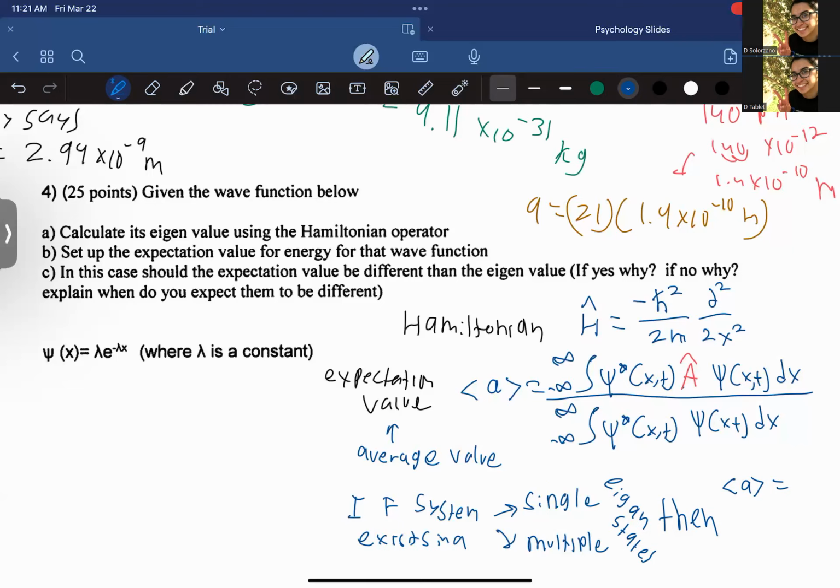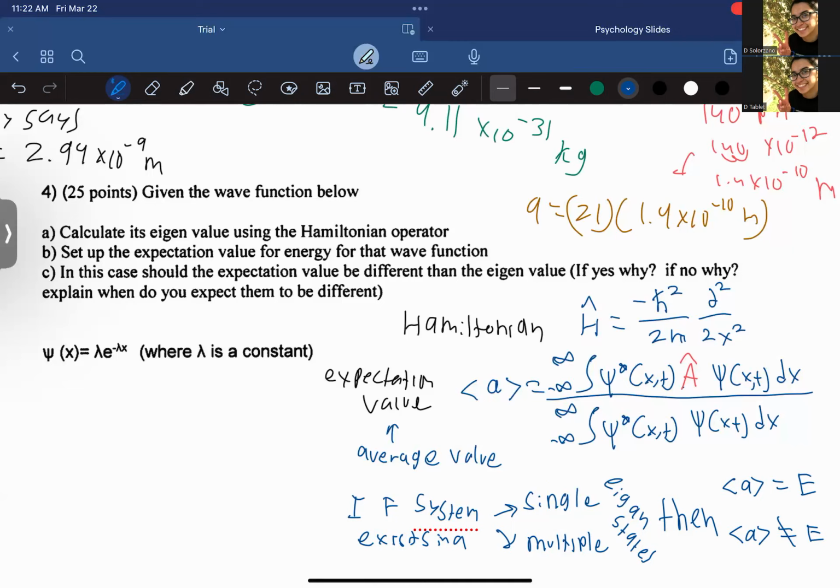I'm blanking on what eigenvalue is supposed to be written like. I think it's just an E. And that's because if it has a single eigenstate, then it only has one eigenvalue and your average should be that one value.